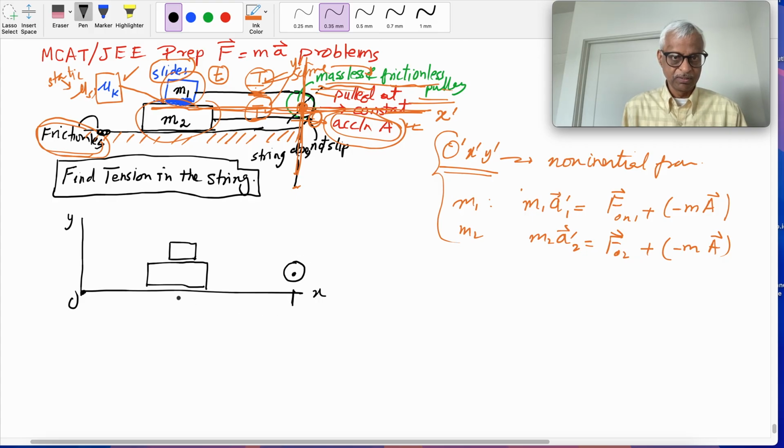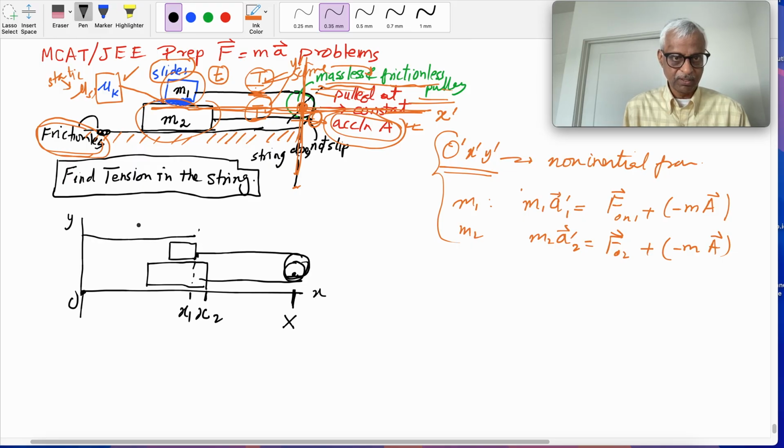So let's call the pulley's location big X, and let's call this part X2 and this X1. So from here to here is X1, from here to here is X2, and from here to here is capital X. This is an inertial frame.